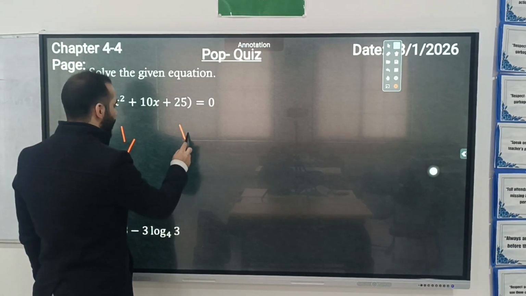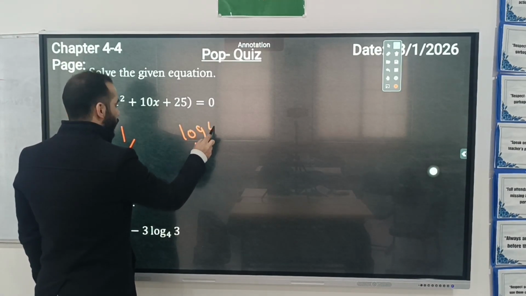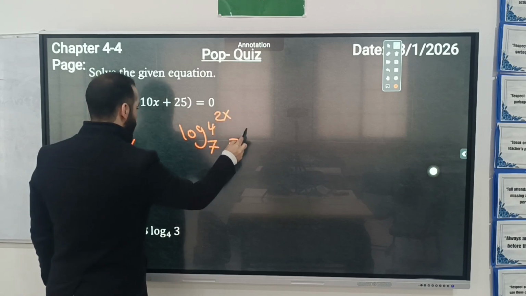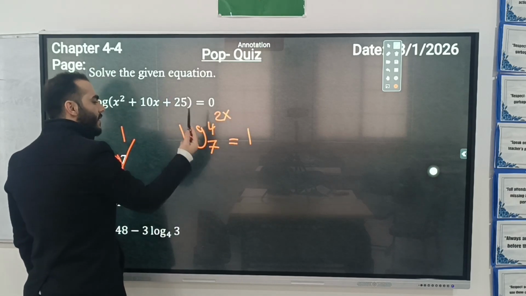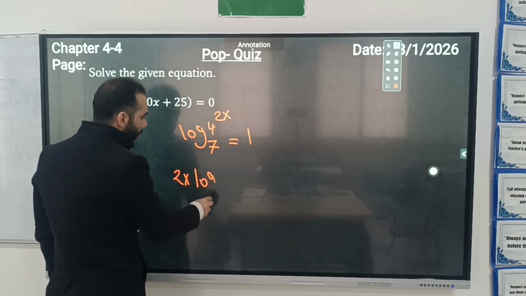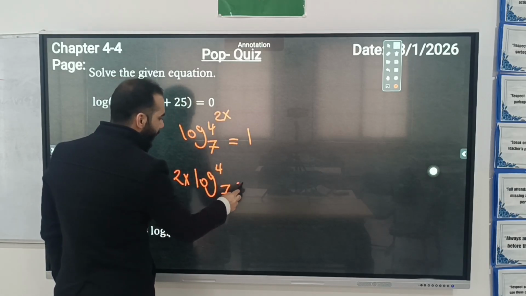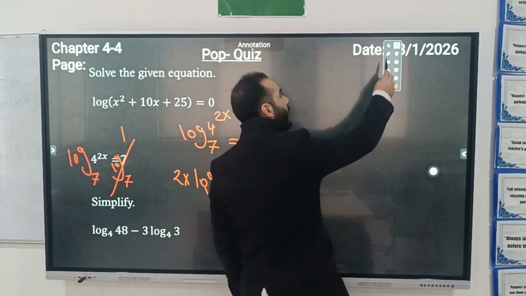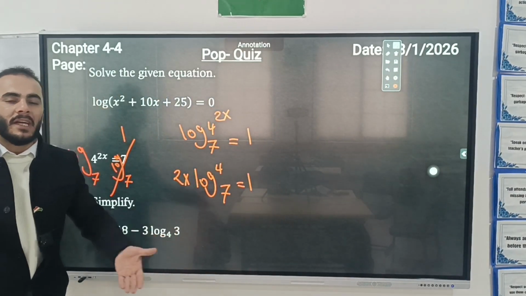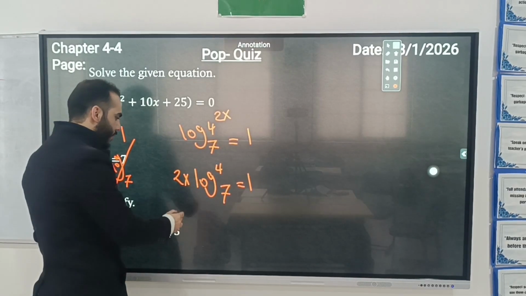So simply we are going to have log of 4 to the power of 2x, base 7, equals 1. Now this 2x can come in front. So it's going to become 2x log base 7 of 4 equals 1. Finally, we need to make x alone. So whatever is with x goes to the denominator.